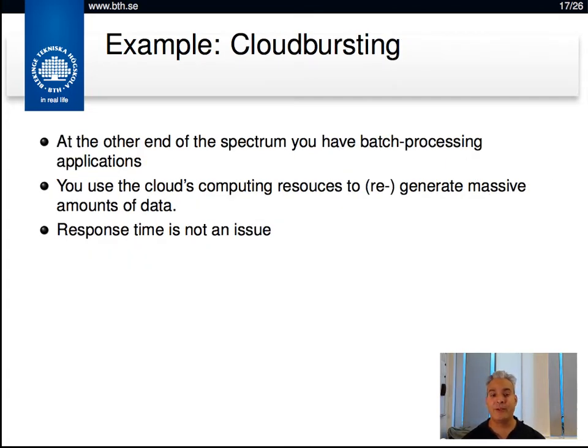At the other end of the spectrum, we have batch processing applications, for example, cloudbursting. So you use the cloud computing resources to generate or regenerate massive amounts of data. Most of the time here, response time isn't an issue, but throughput might be, and storage capacity might be. So this is a completely different set of requirements for this type of application.